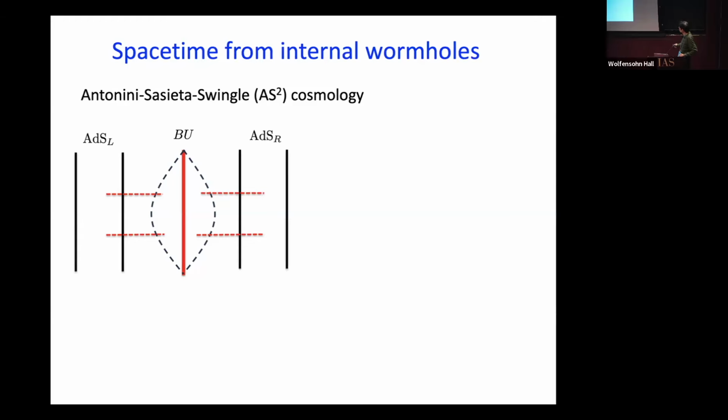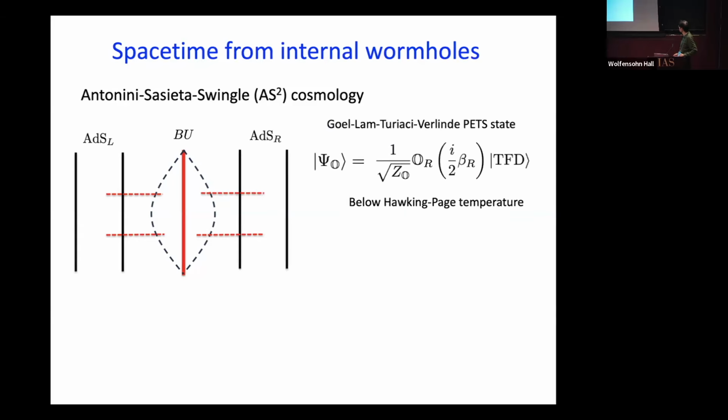Okay, so this cosmology is supposed to describe a state obtained by inserting a heavy operator, this O_R, on the thermal field double state. Here you imagine this O_R is a heavy operator of energy of order N squared. But now you consider this state below the Hawking-Page temperature.